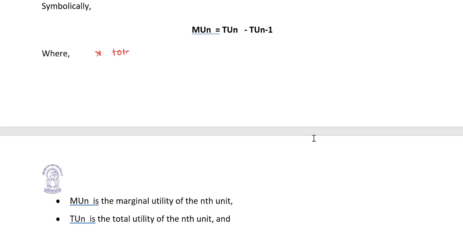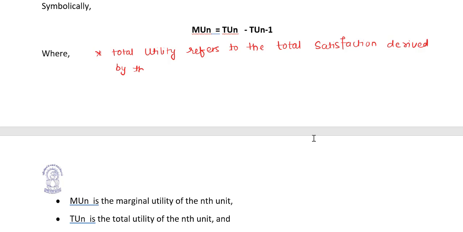We can write that total utility refers to the total satisfaction derived by the consumer from the consumption of a specific quantity of a commodity.